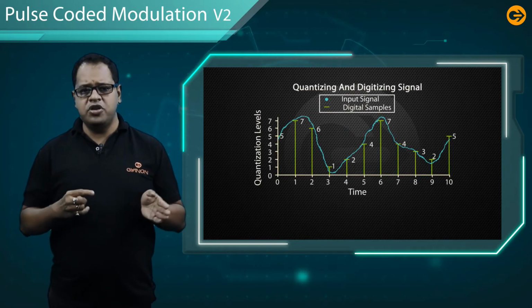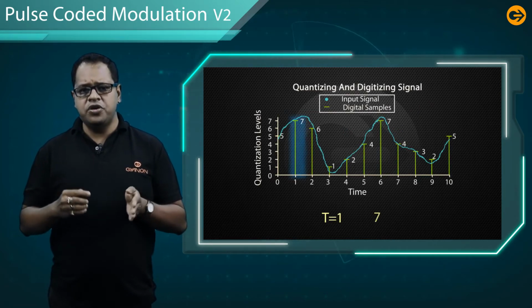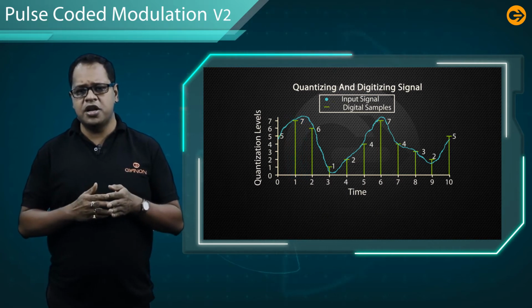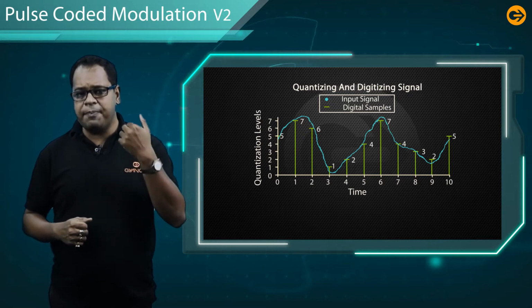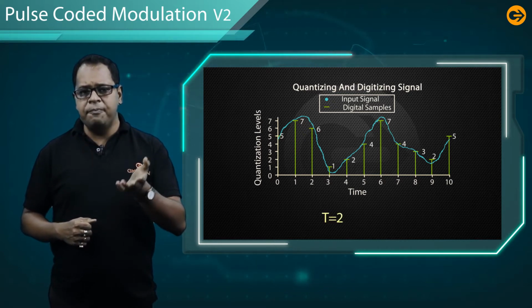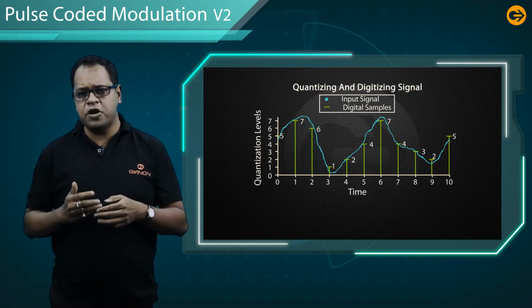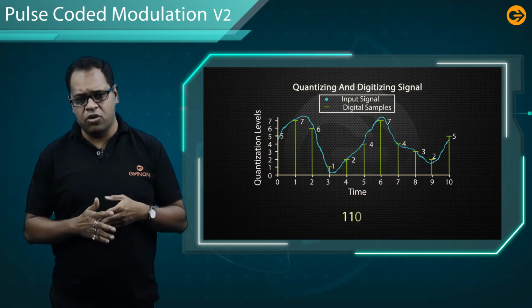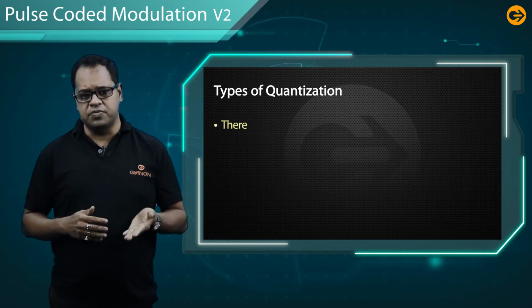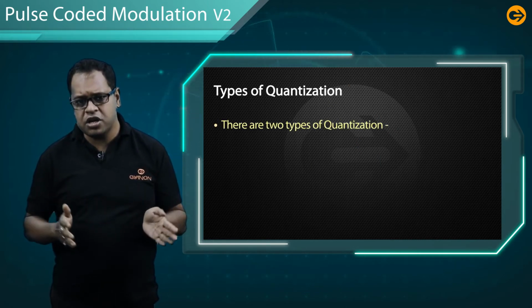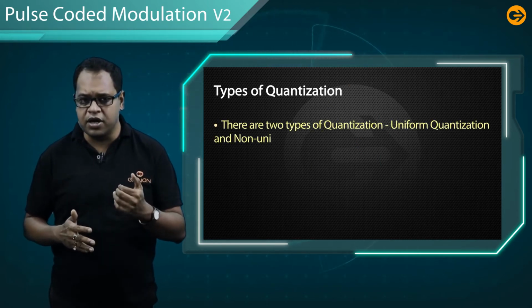In the figure, at the time t equal to 1, the amplitude is 7 and hence the corresponding digital bit is 111, as discussed in my earlier lecture. And at the time t equal to 2, the amplitude is 6, hence the corresponding digital signal is 110, and so on and so forth. There are two types of quantization. One is uniform quantization, another is non-uniform quantization.